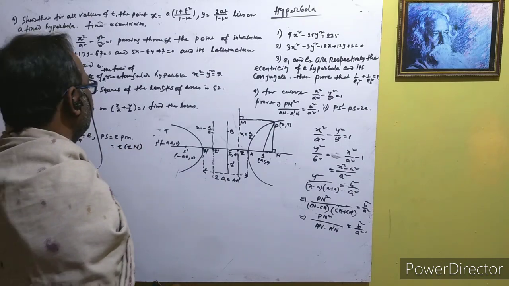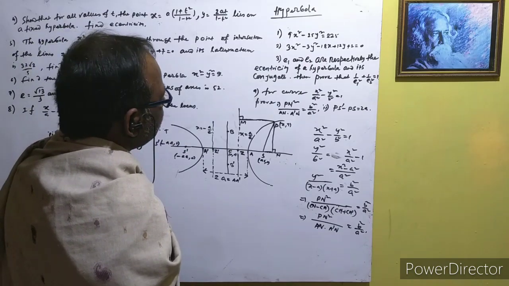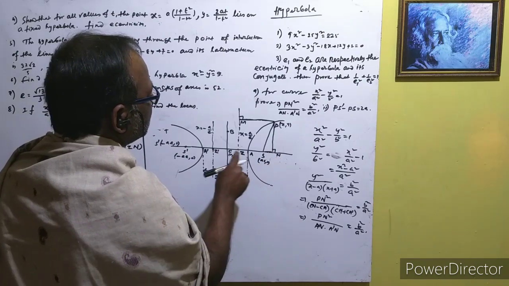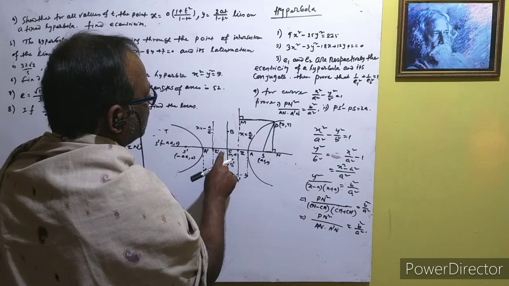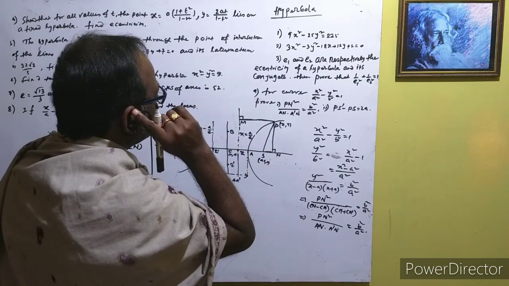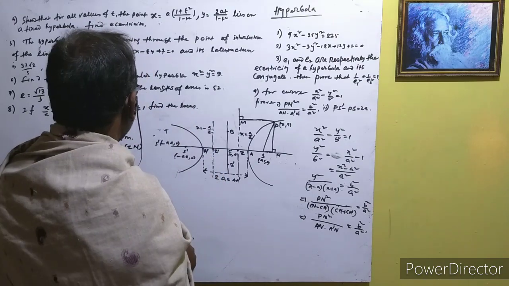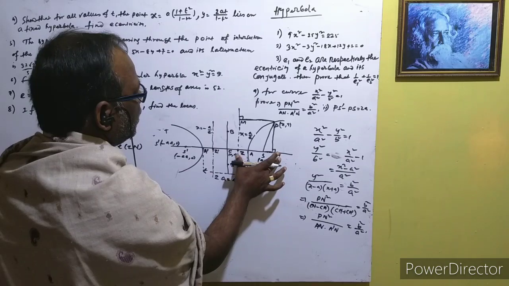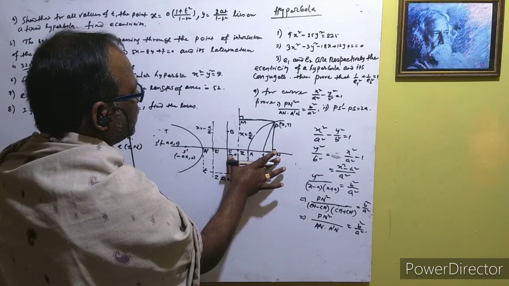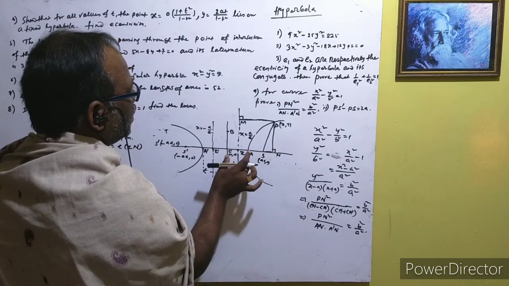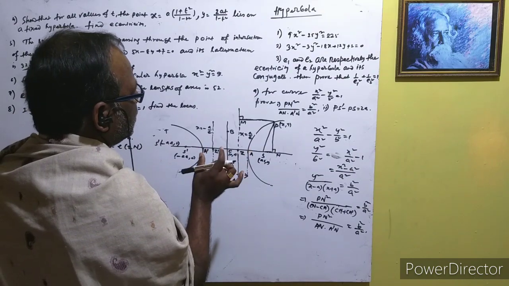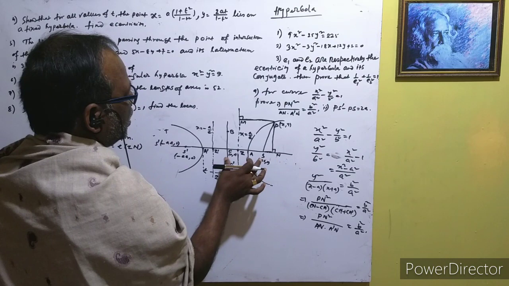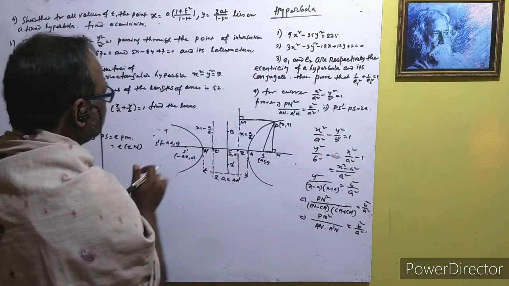In place of Zn, we can write Cn minus Cz, that is Nz. Zn means Cn minus Cz.